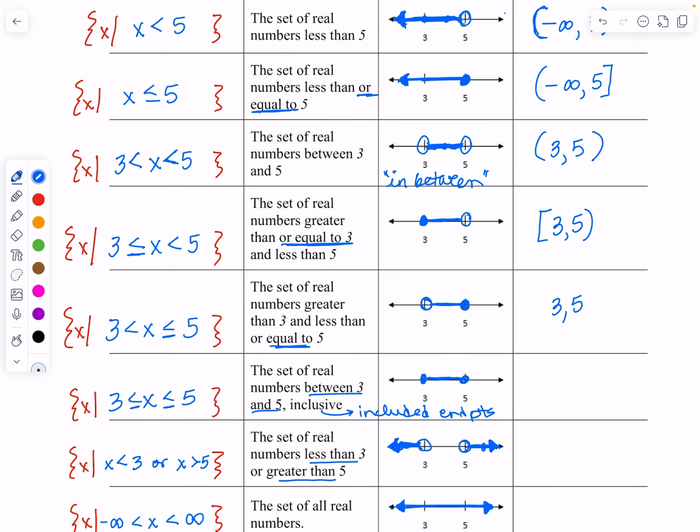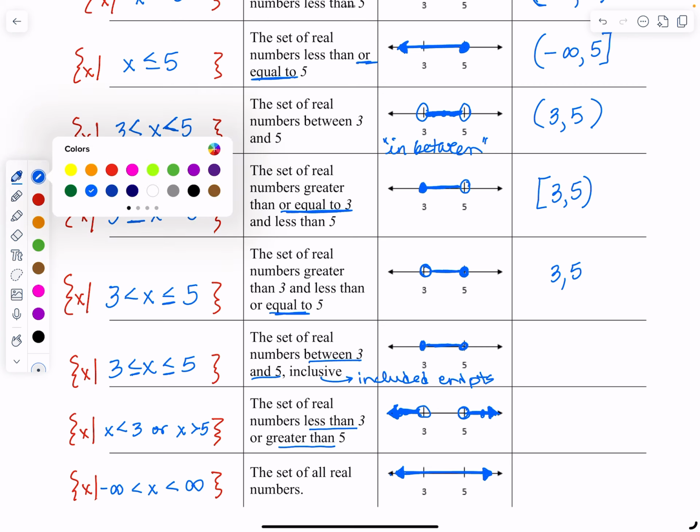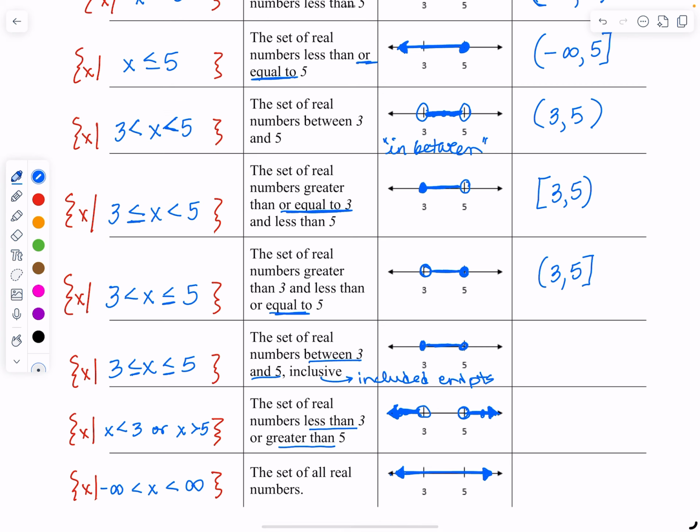And then the one that says less than or equal to 5, right? We're going to have a bracket on my 5, but the 3 gets a parentheses. And then the last one, both 3 and 5 are included, so they both get brackets.